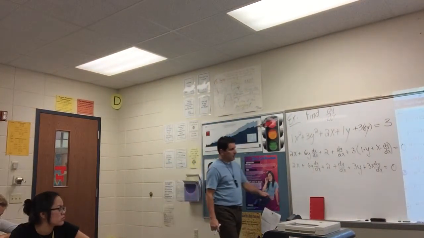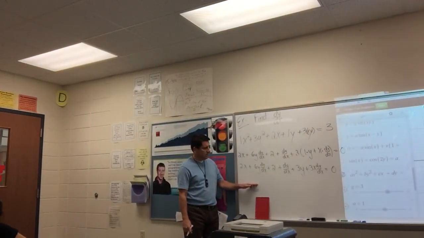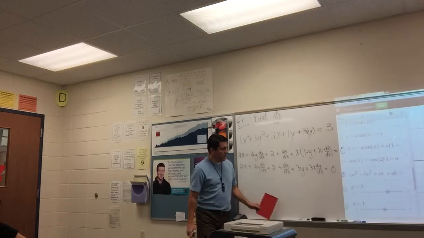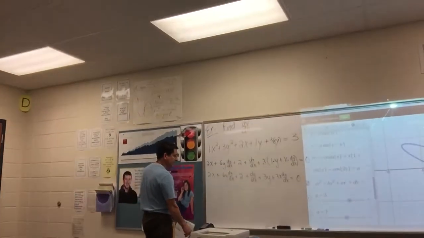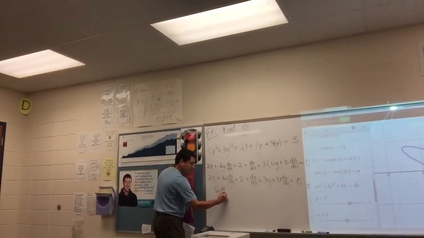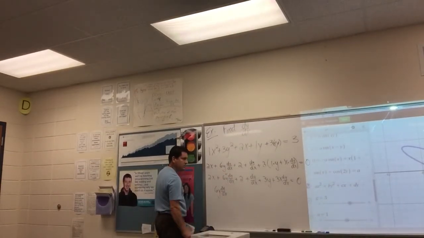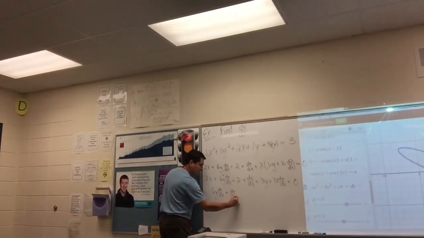Now we're going to leave all of the terms that contain a dy dx on this side. And we're going to put all the terms that do not contain a dy dx on the other side. So this gives us 6y dy dx. I'll check mark these here. Plus a dy dx.